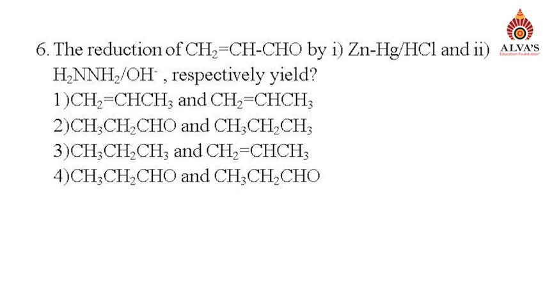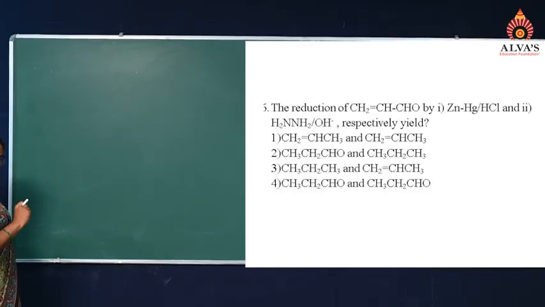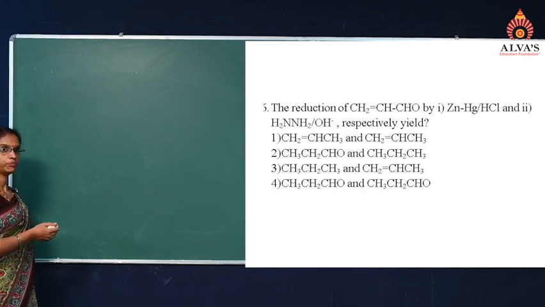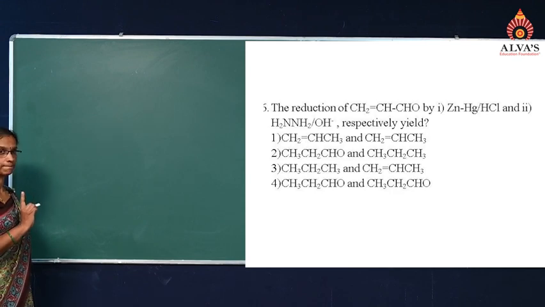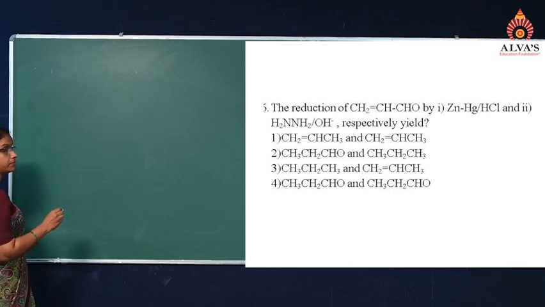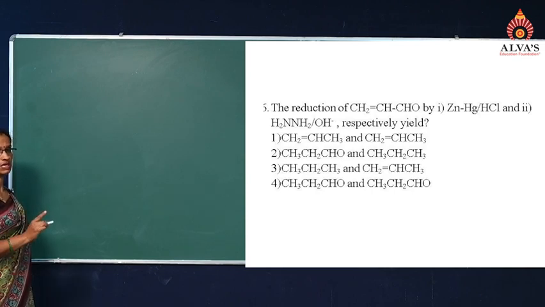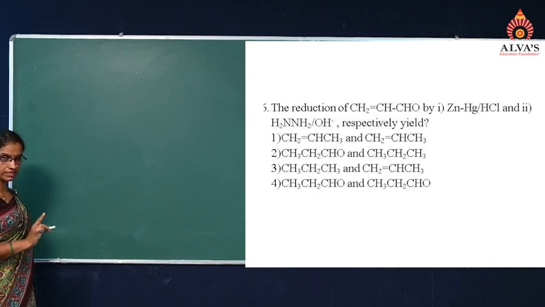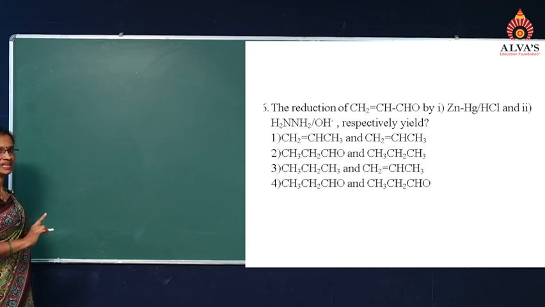Now remember that both zinc amalgam in HCl, that is acidic medium, and hydrazine in basic medium, both are reducing agents, but zinc amalgam in acidic medium reduces both carbonyl carbon double bond and carbon carbon double bond.